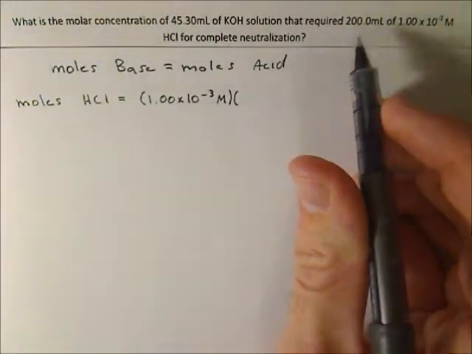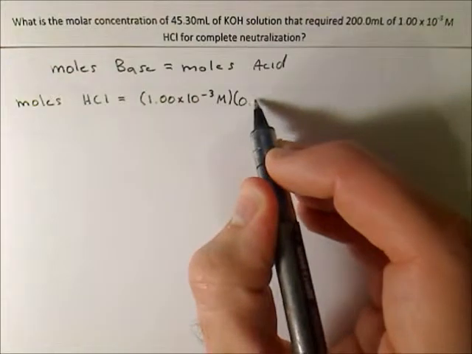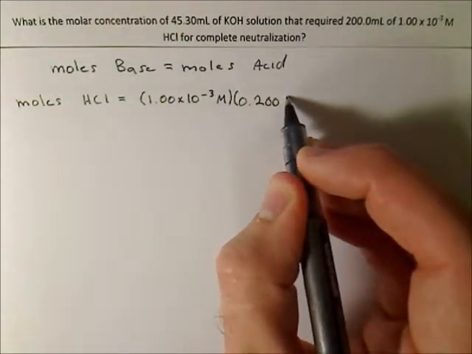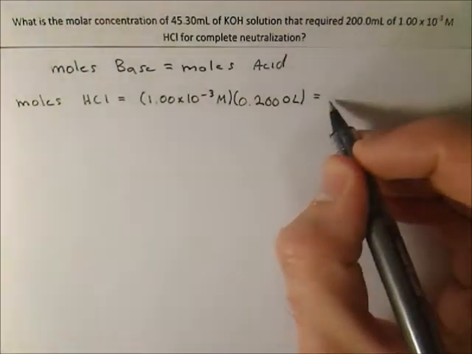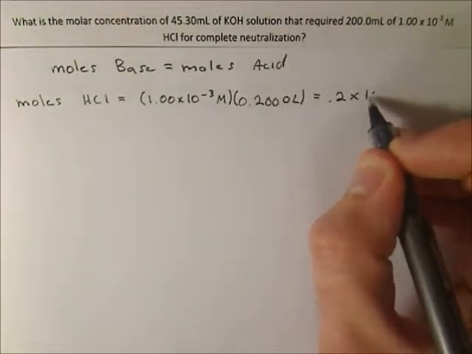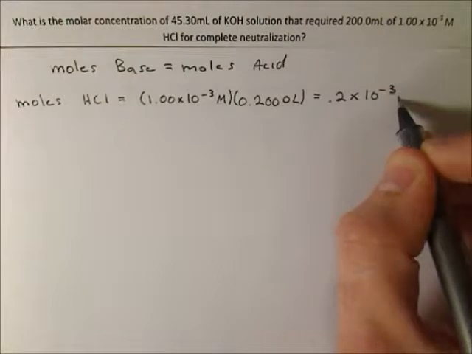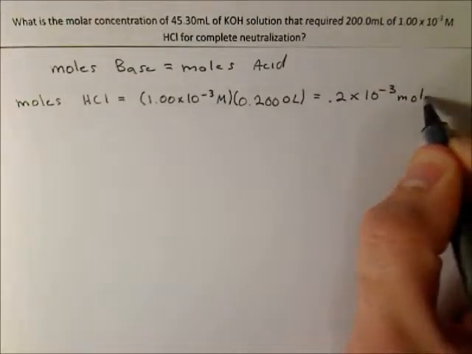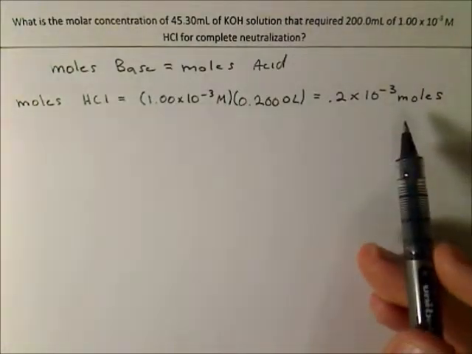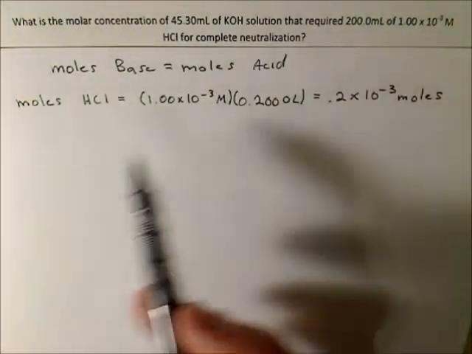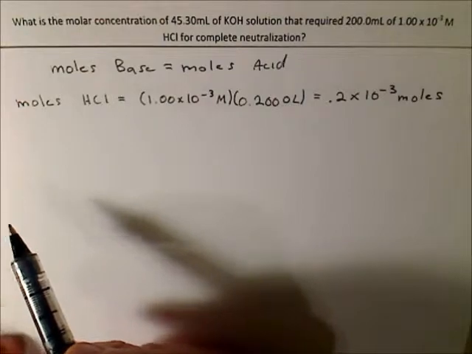And we got to convert that to liters. And when we multiply that out, we should get 0.2 times 10 to the negative 3. Okay, and we know that's the number of moles of base that we must have in order to neutralize that.